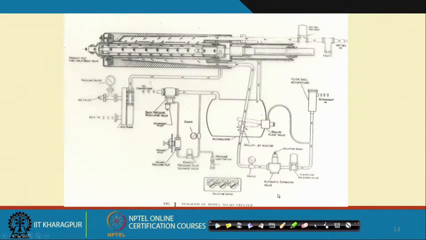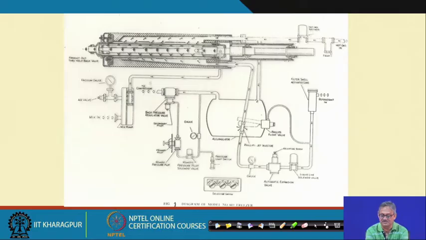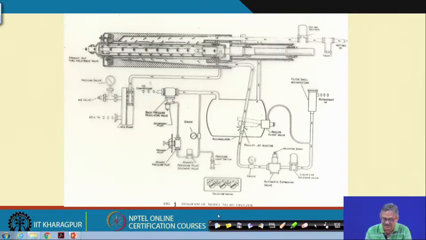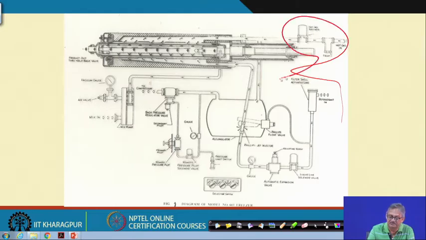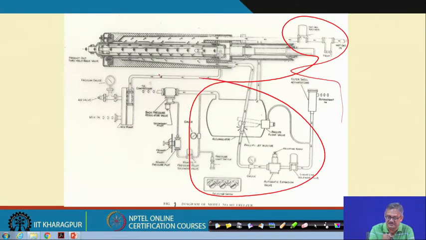This is a typical view for an ice cream freezer, right. And this typical view includes everything. Number one, this is the part where the refrigeration takes place, right.